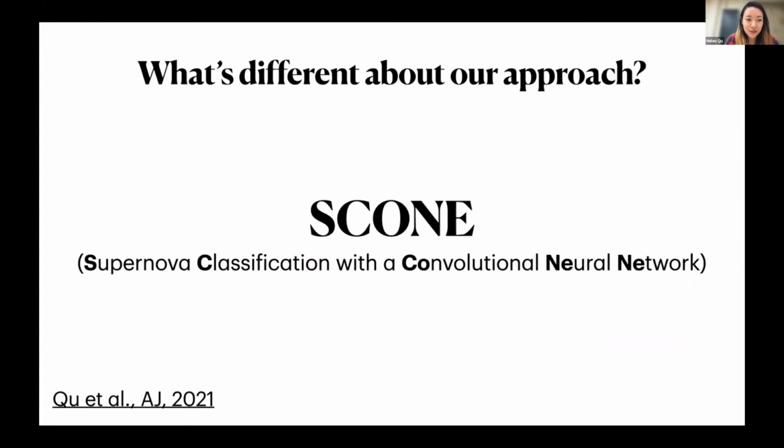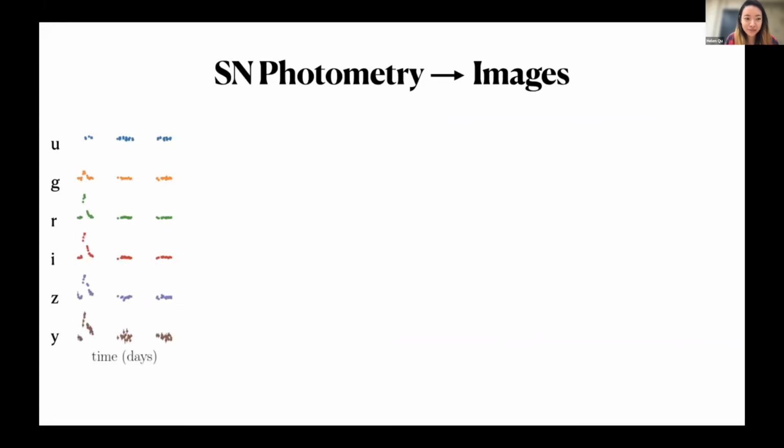SCONE stands for Supernova Classification with a Convolutional Neural Network, and more details about the model and the results can be found in this paper that I linked on the bottom. A convolutional neural network is simply a deep learning framework that's specialized for image recognition. So one natural question that comes out of that is what kinds of images are we using to train and evaluate this network?